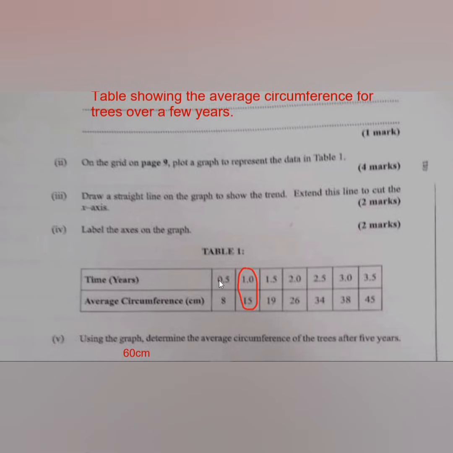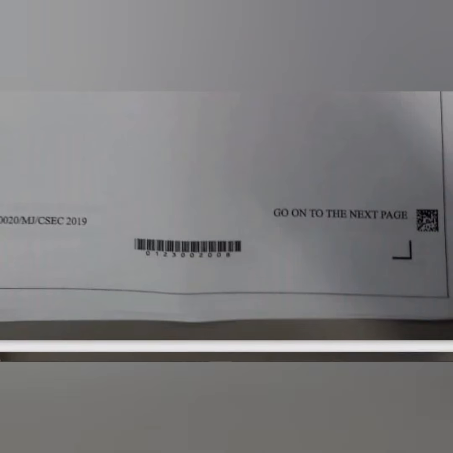Time in years is 0.5 and average circumference is 8. So what you're doing is to find where 0.5 and 8 meet on your graph. You're going to look at where 0.5 is in time and see where average circumference 8 is, and where both pieces of data meet, that is where your first point would be.